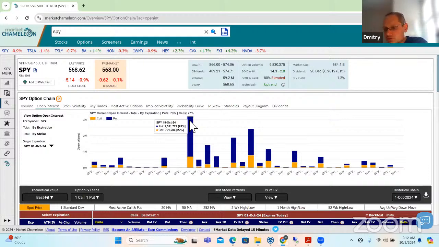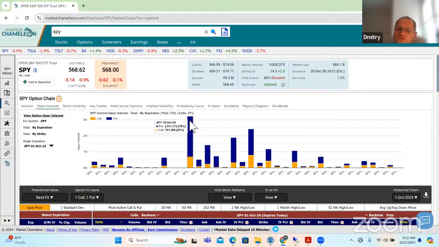It won't grow. Here we see that there are positions that are still open, so that risk is being carried by certain parties out there.